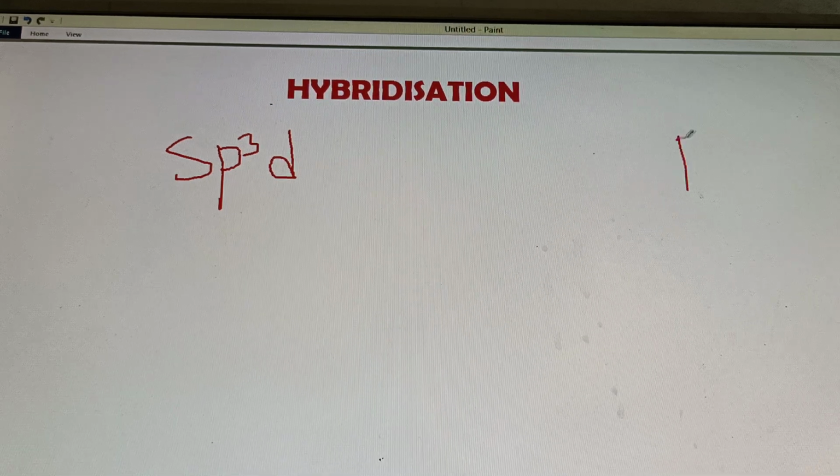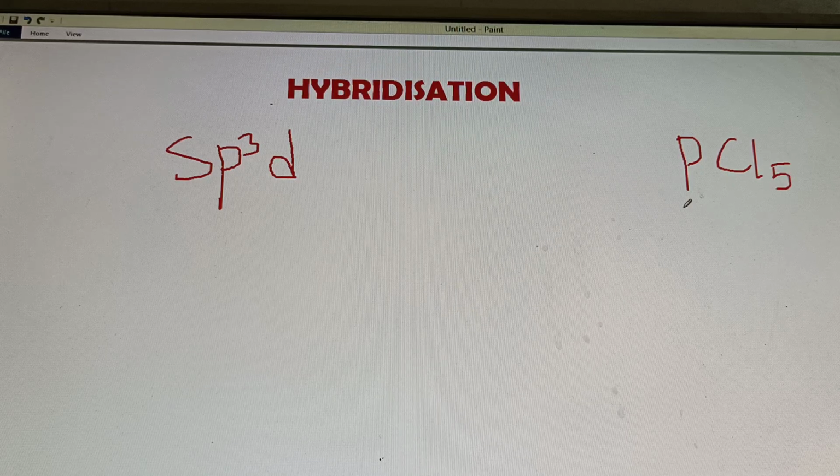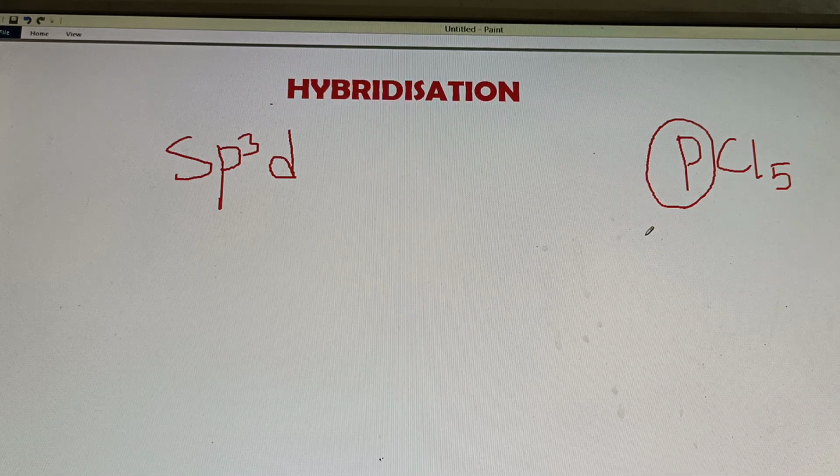For example, PCl5, here the central atom is phosphorus. Phosphorus has 3d orbitals, which may be vacant but are present. Phosphorus is a third period element.